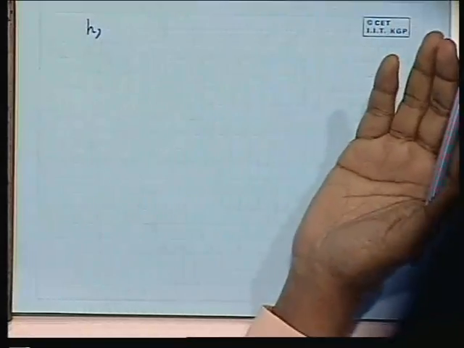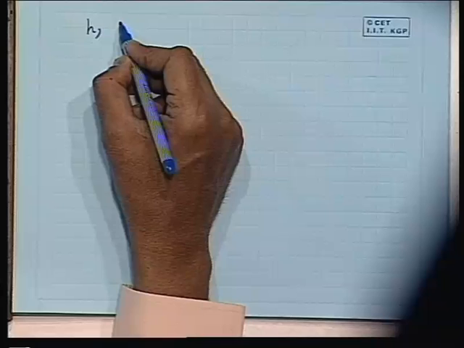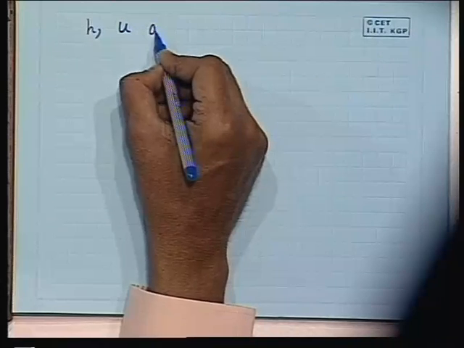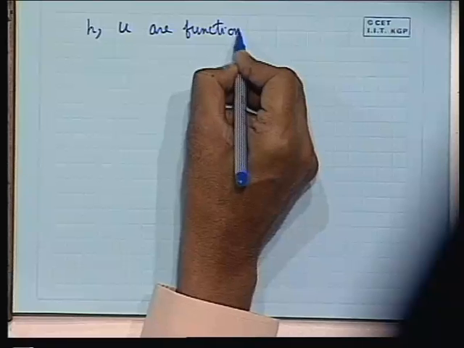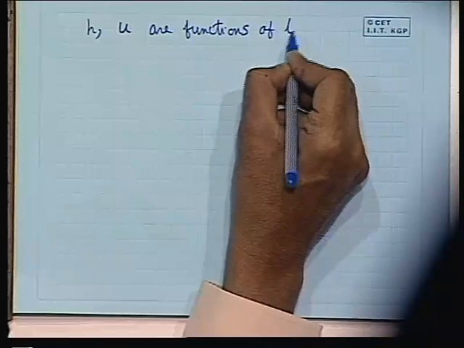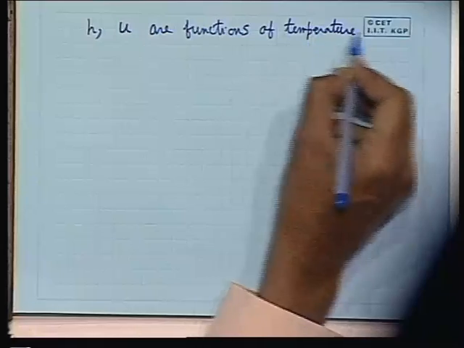Now two corollaries. The corollaries are that the specific enthalpy h, or total enthalpy you can say, and specific internal energy are functions of temperature only. Now here I tell you one thing, you will appreciate it afterwards.